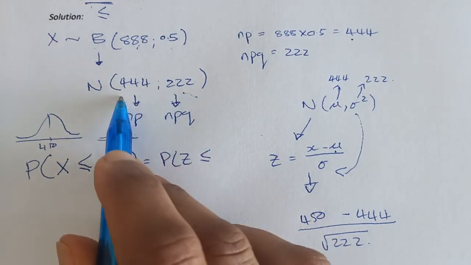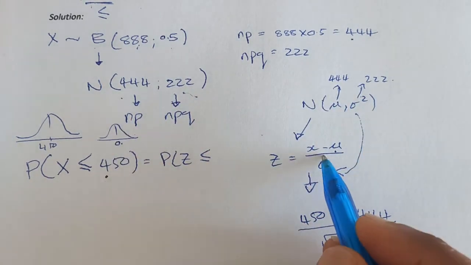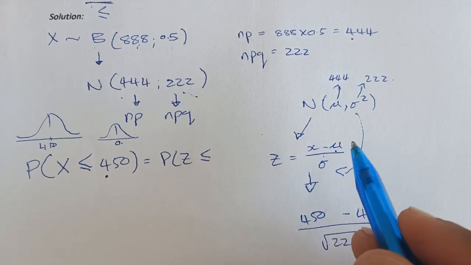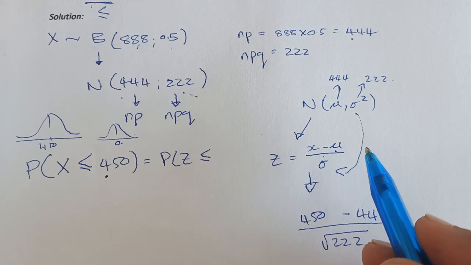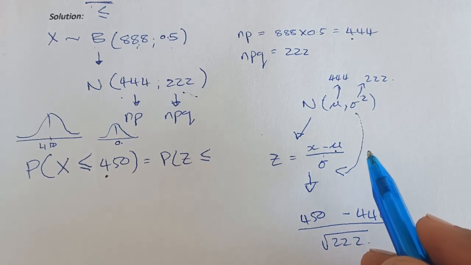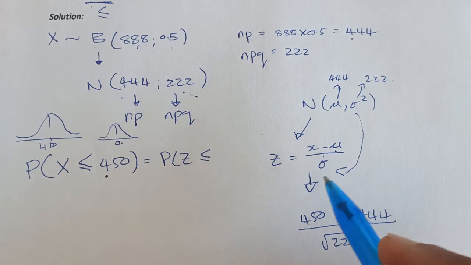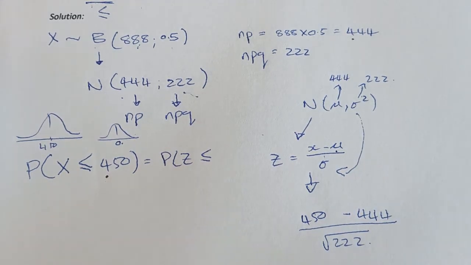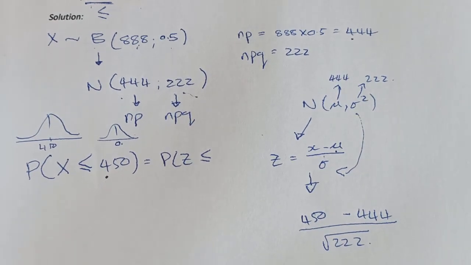Alright, calculated over there, I just rewrote it over there. Now, the one thing you notice about this is that in order to ensure that the probability of x is less than or equal to 450, we have to use 450.5. Alright, we have to use 450.5. We call this the continuity correction.